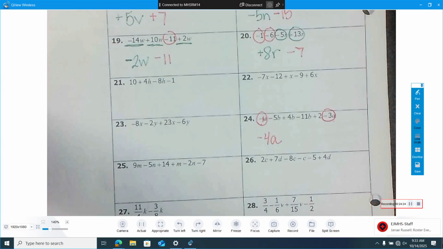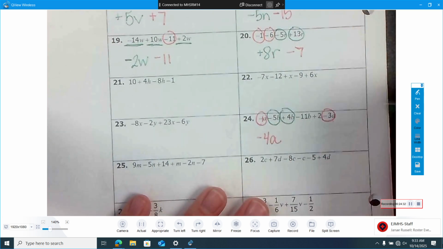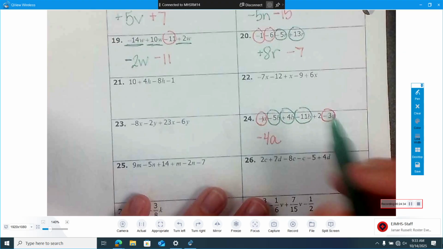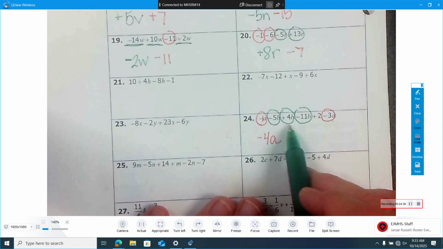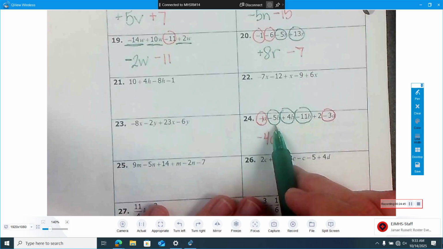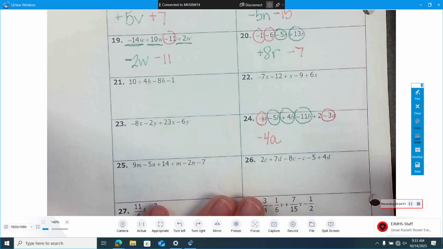All right, what are the other terms that we can put in there? Good. -5B, +4B, and -11B. All right, let's look at those negatives and positives. I only have 4 positive B's, but I have how many negative B's? Negative 16. Negative 16 B's. So let's see.